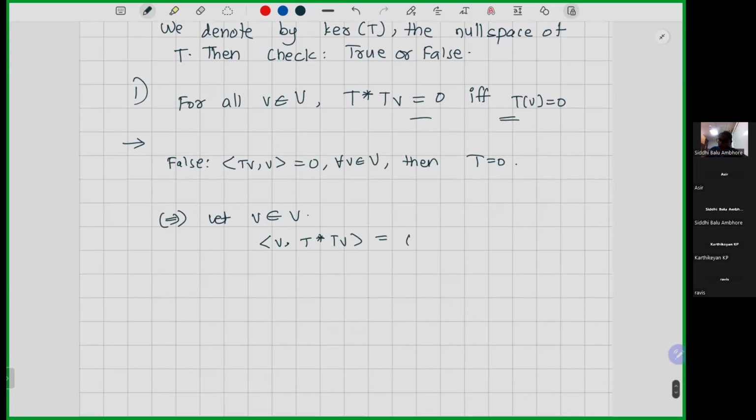Yes, this is the inner product of Tv comma Tv, right? But what is the value of this thing?